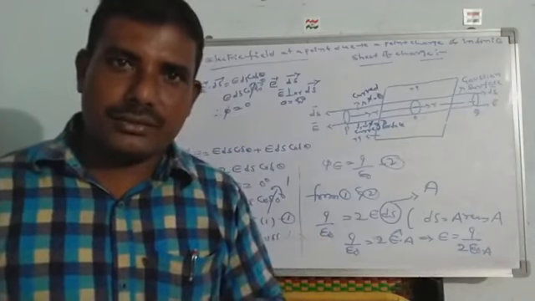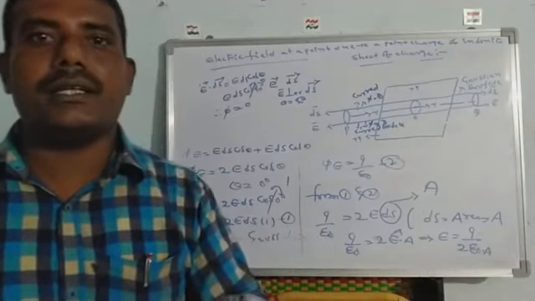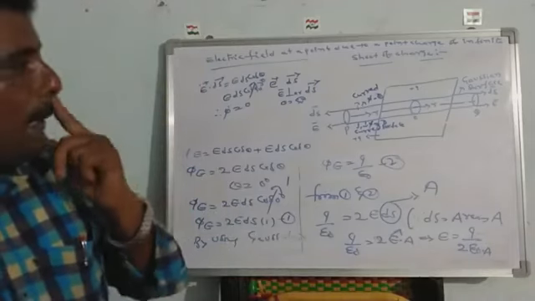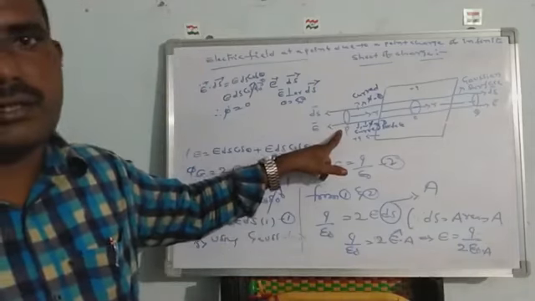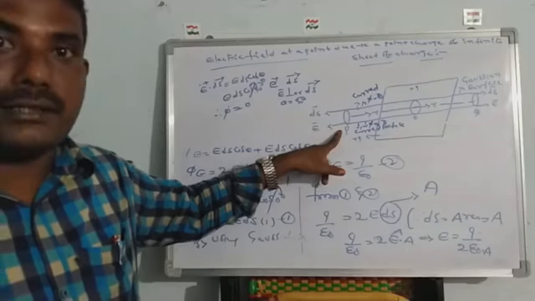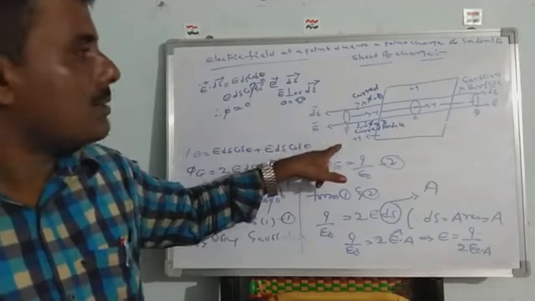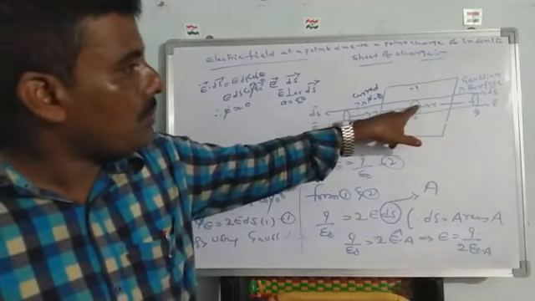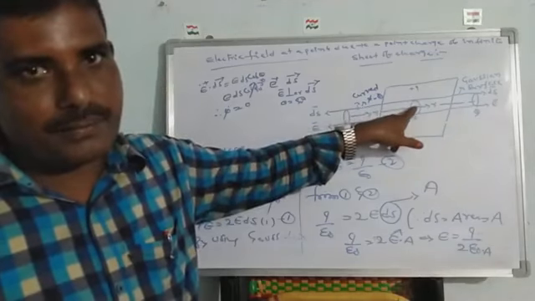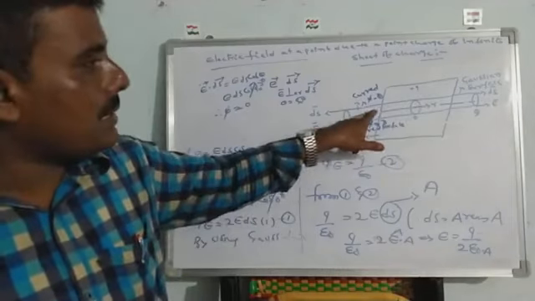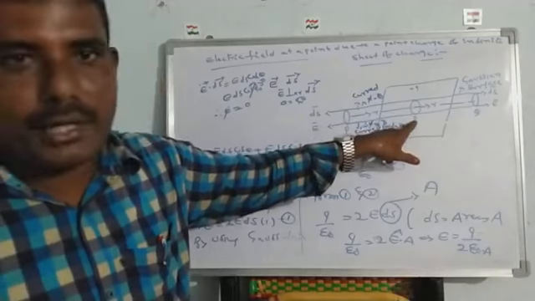That sheet is charged with Q on either side. Let P be a point at a distance r from the sheet of charge, from a point O.